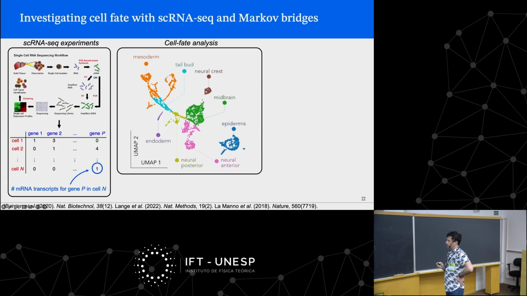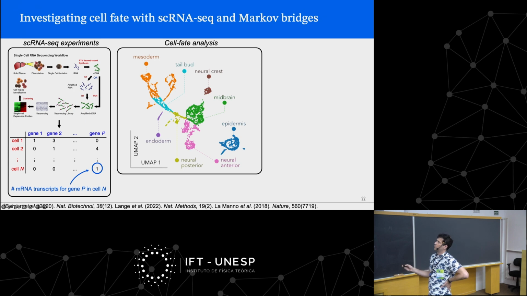Okay. So now to give you a bit more information about these experiments. They are called single-cell RNA-seq experiments. So sequencing because you sequence the transcriptome, so you get an idea of what genes are expressed, and single-cell because it's at the single-cell level.